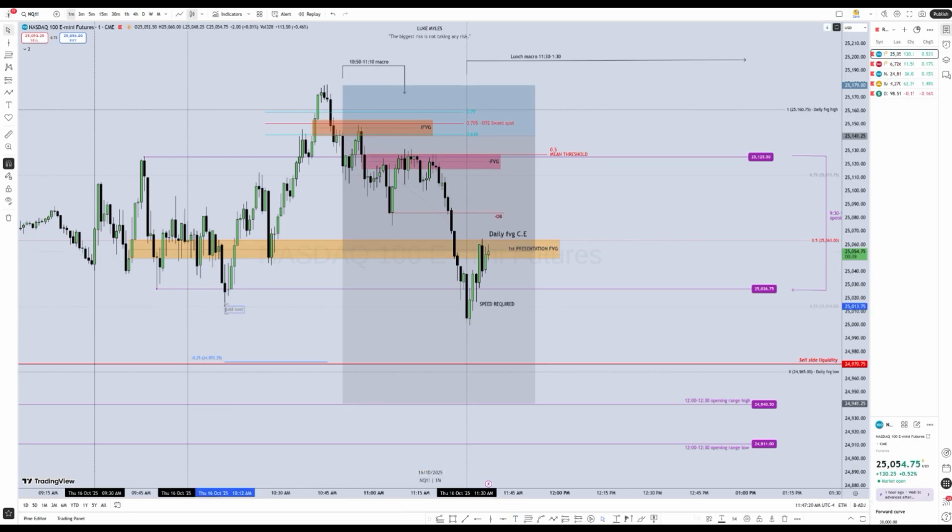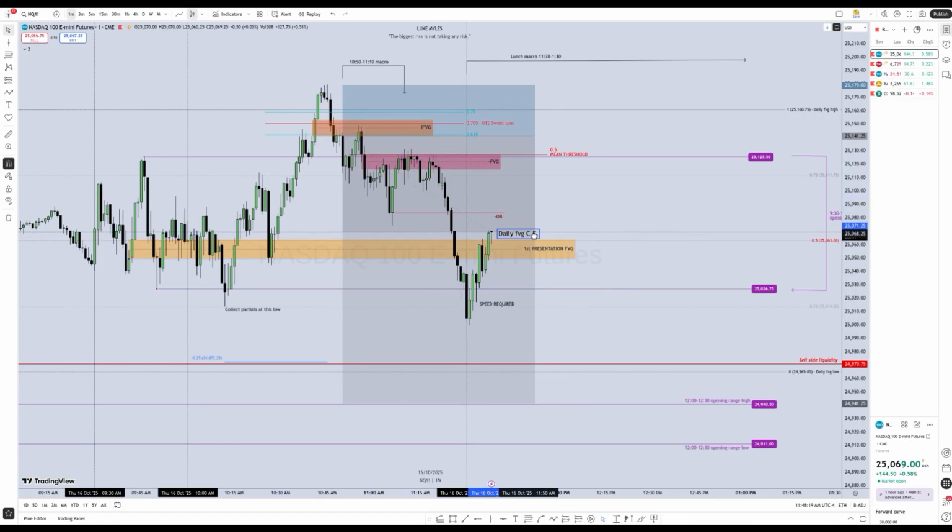So I didn't want to have my chart clogged, so that's why I didn't draw quadrants on that. So I'm using the quadrants of the daily fair value gap, and I'm having the low of that fair value gap at 24965 even, and I'm having consequent encroachment at 25063 even, and I'm having the high at 25160.75.